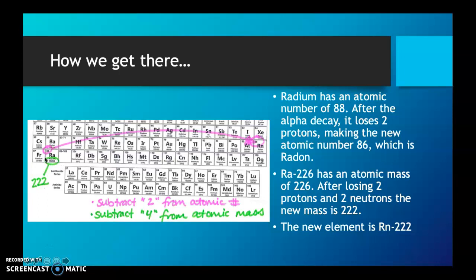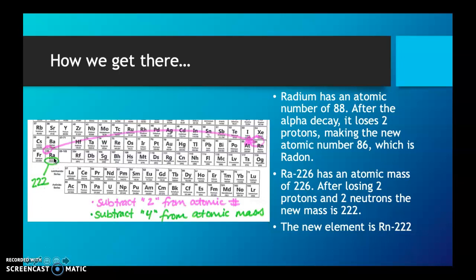Radium has an atomic number of 88. After it undergoes alpha decay, it loses 2 protons. So we take that number 88 and subtract 2 protons. So our atomic number has gone from 88 to 86. That's why it becomes radon.